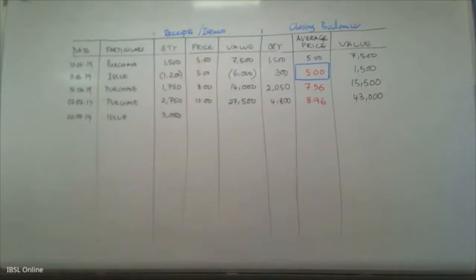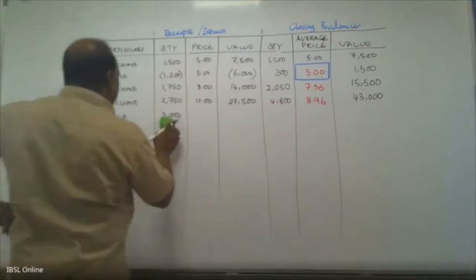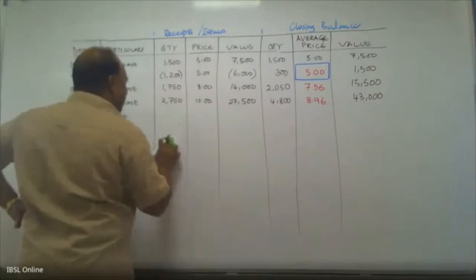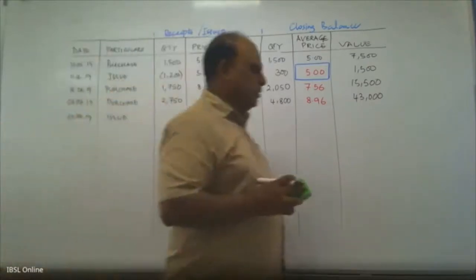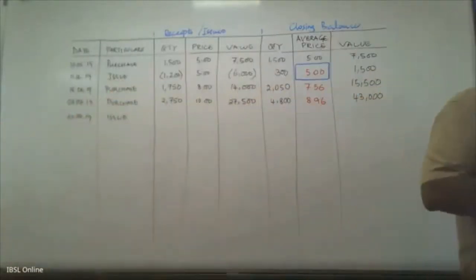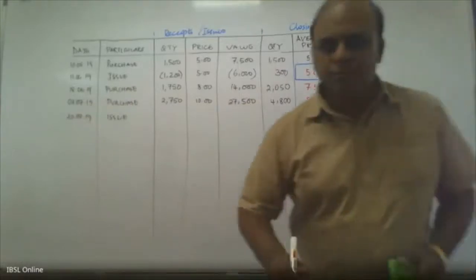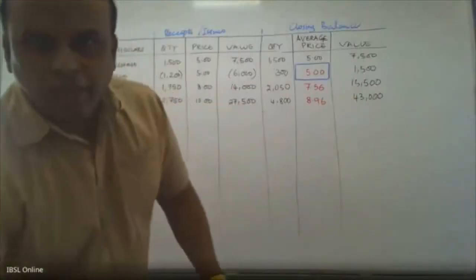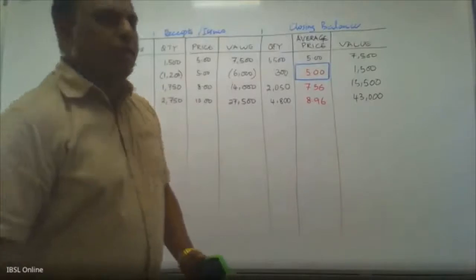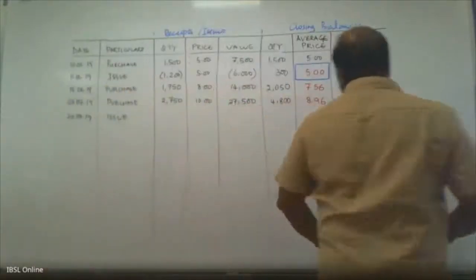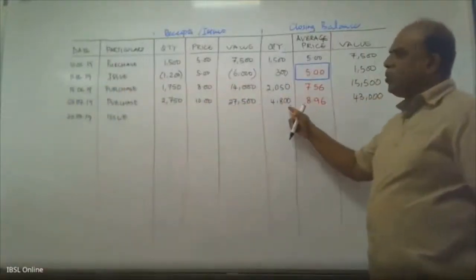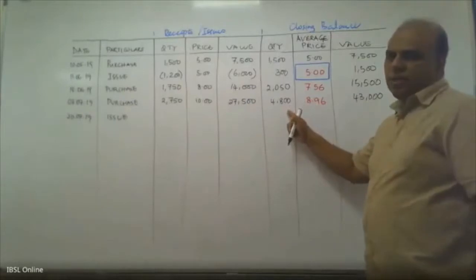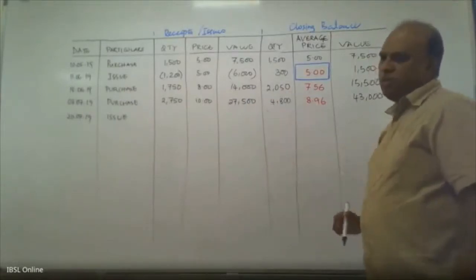So before putting down these 3,000 units, what is the thing that you should have looked at? Whether I already have 3,000 units. I have 4,800 units, so that I can easily issue 3,000 units.